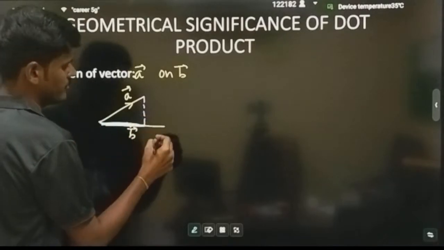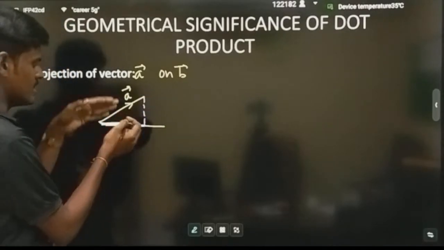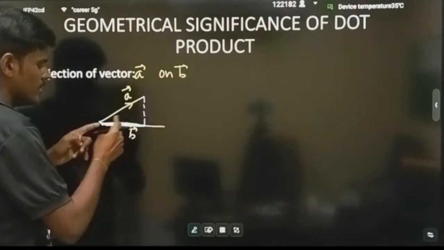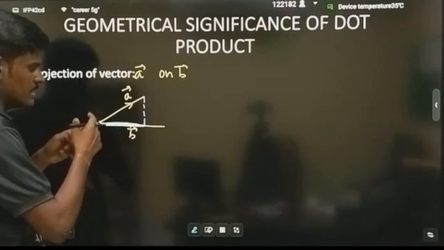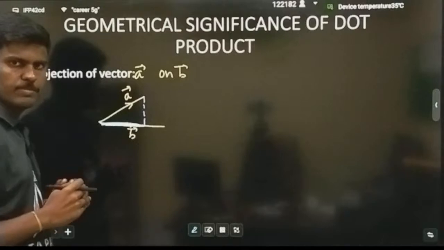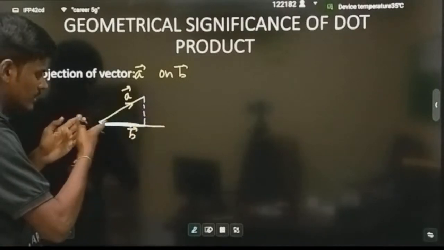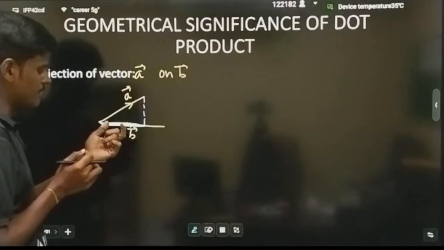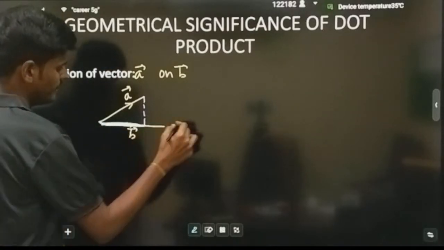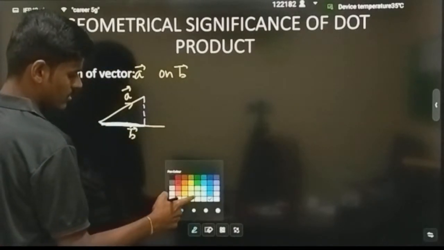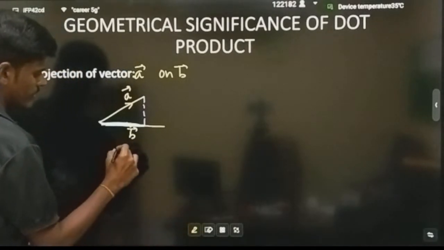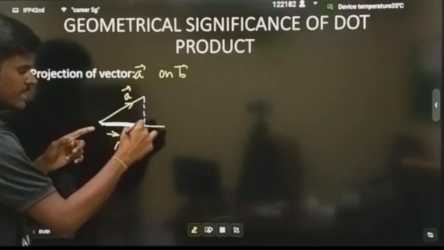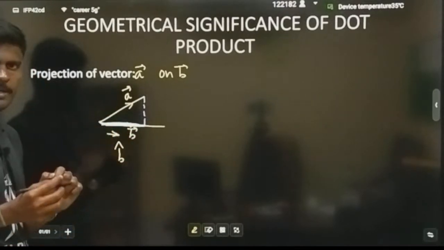So what is the magnitude of this? How can we write a relation from A vector and B vector for this? Let's take this point up to this point as the B vector. Then in the direction of B vector, a unit vector will be given by B cap. Yes or no? Yes. So B cap is the vector in the same direction but with magnitude 1.